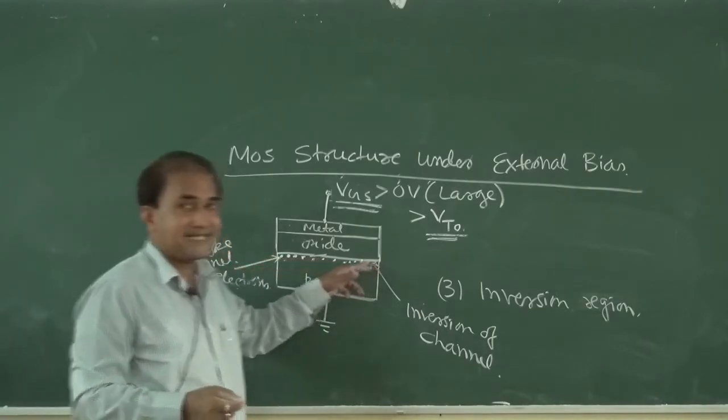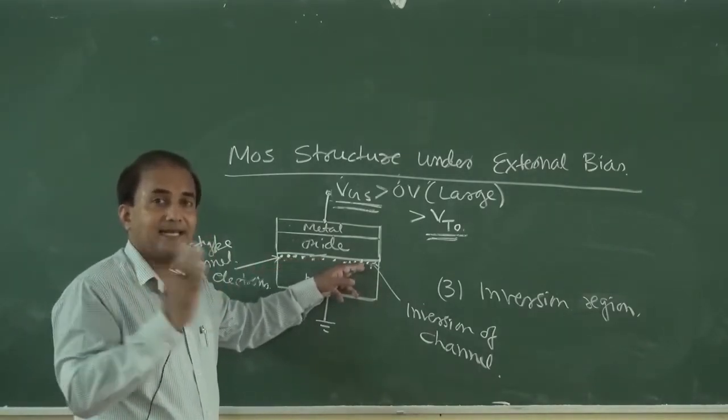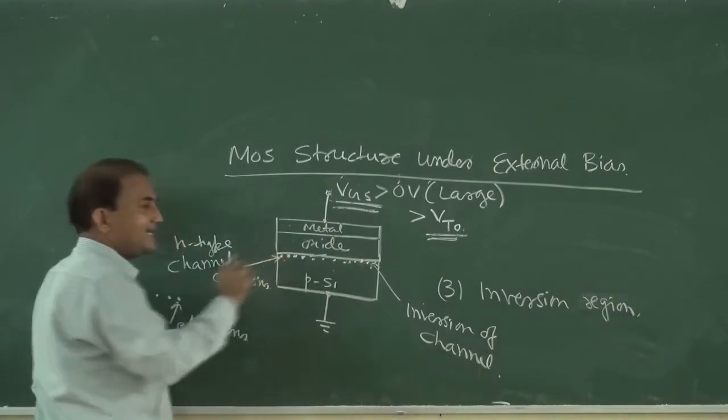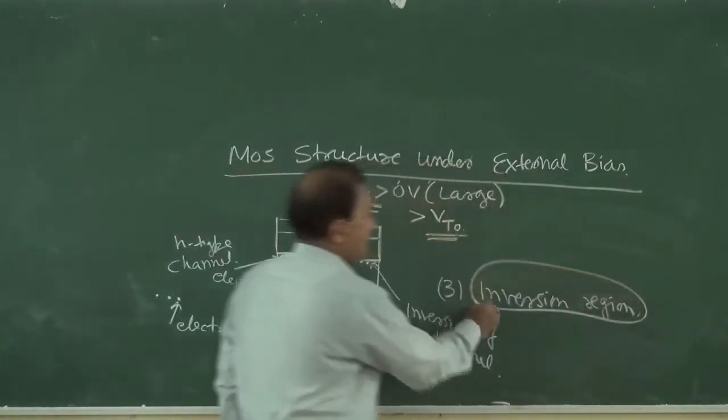Because of the creation of this channel, conduction takes place in the MOS transistor. So in this way, the channel is created due to the inversion region.